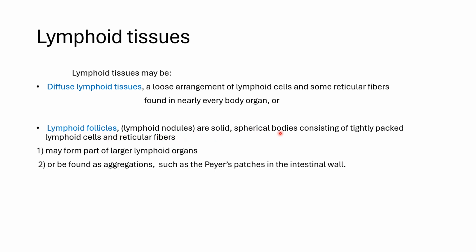They are solid, spherical, and consist of tightly packed lymphoid cells and reticular fibers. So the components are the same, but they are tightly packed, and they may become part of larger lymphoid organs, or they may be found as aggregations. One example is Peyer's patches in the intestinal wall. They are lymphoid follicles or nodules with concentrated lymphoid tissue.